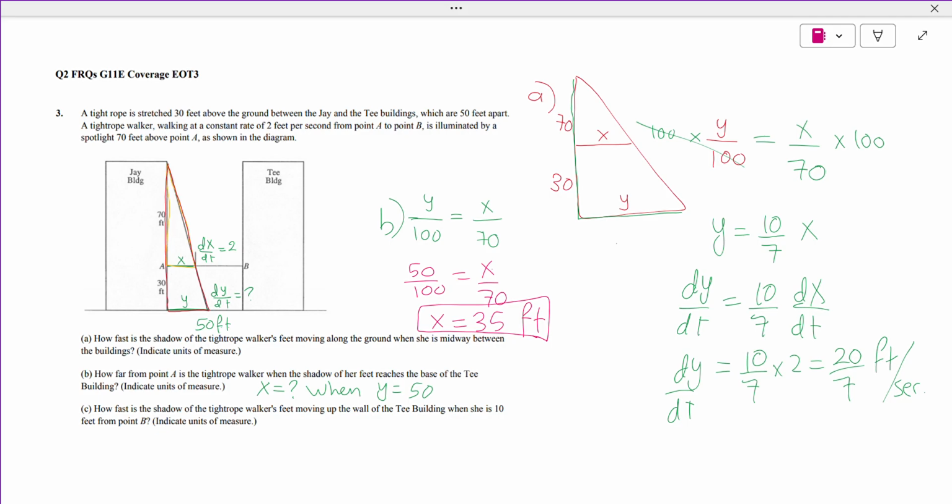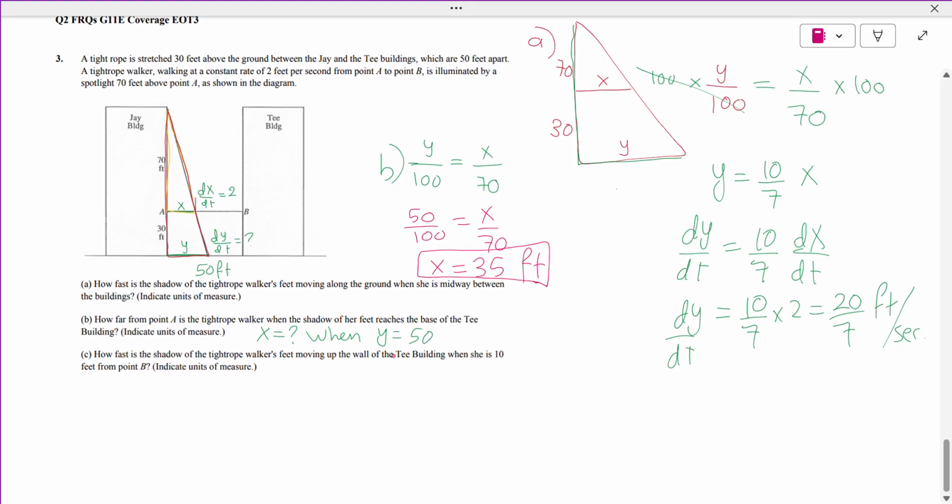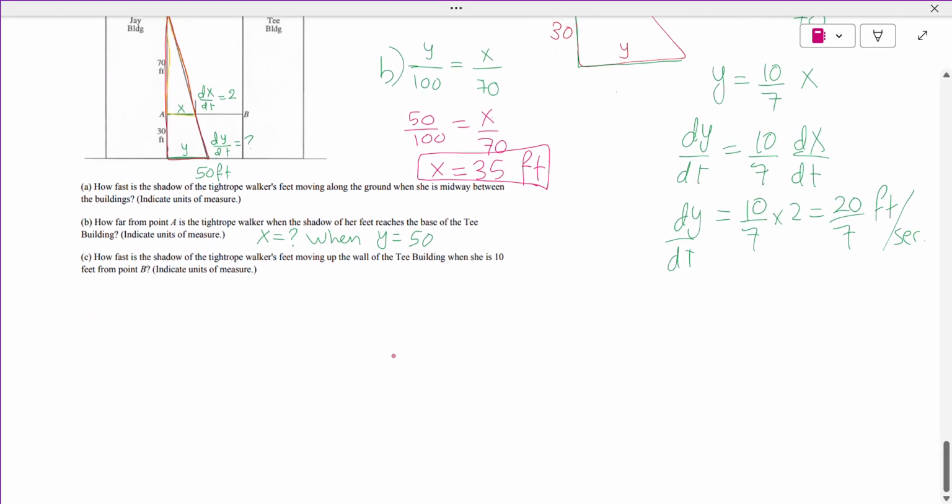Okay, so part C says, how fast is the shadow of the tightrope walker's feet moving up the wall of the other building when she is 10 feet from point B? Okay, so now let me sketch the graph I'm going to use.